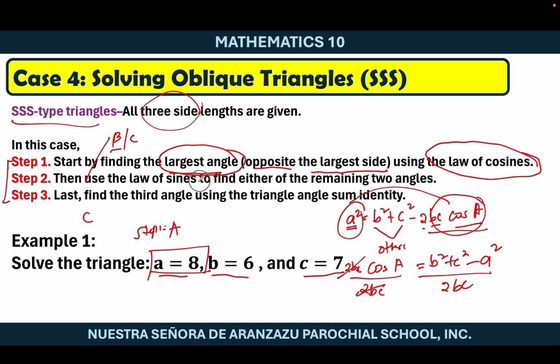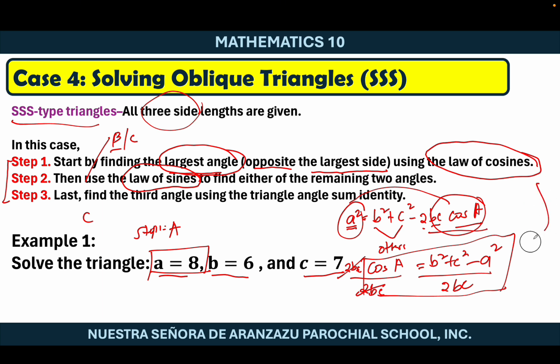Then, tandaan, sa step 2, you can use the law of sine. Law of sine, or kaya yung kanina, yung given angle, pwede yung cosine B is equal to a squared plus c squared minus b squared over 2ac. Pwede yon. Ganon din sa C. So, kung gagamitin nyo ito, yung cosine A, cosine B, cosine C sa paghahanap ng 3 missing angles, hindi nyo na kailangan sundan itong 3 steps.